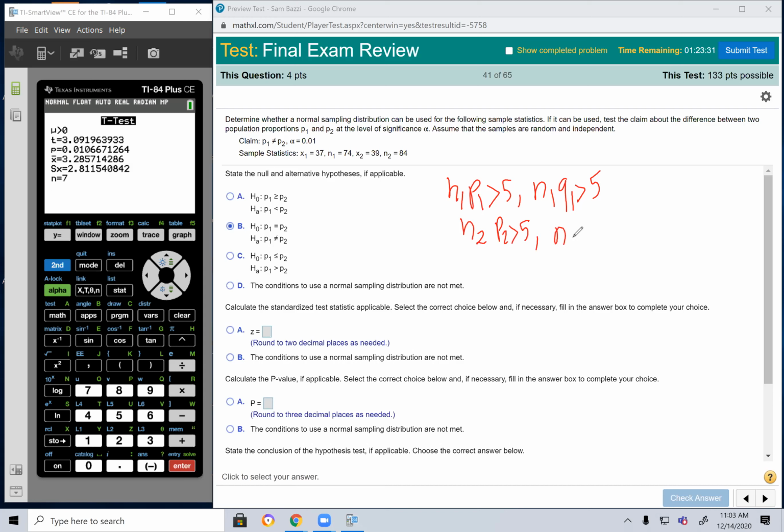And N2 Q2 must be greater than 5. N1, guys, is 74. But what is P1? To find it, you just do 37 divided by 74. And once you get P1, Q1 will be 1 minus P1, so you can check those conditions. So they are met right here. So I'm not going to waste too much time on this.